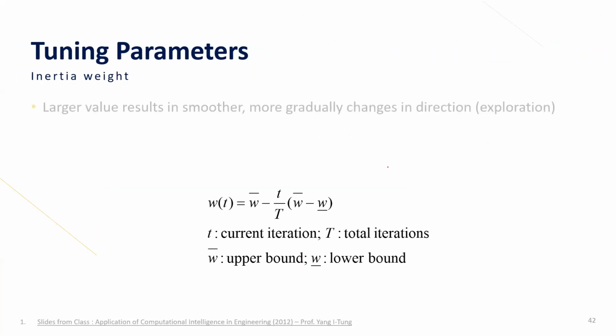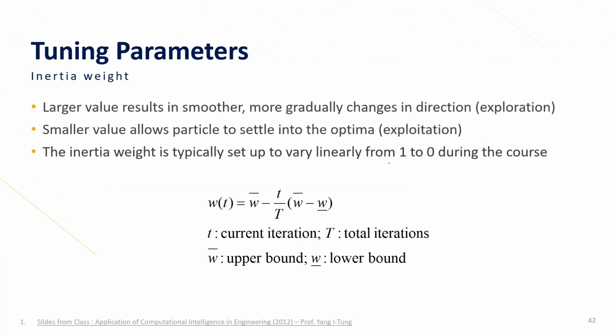Okay, and inertia weight. Inertia weight is about how you consider your current trajectory. If you have a large amount of consideration for your trajectory, it means that you really trust your current direction, right?